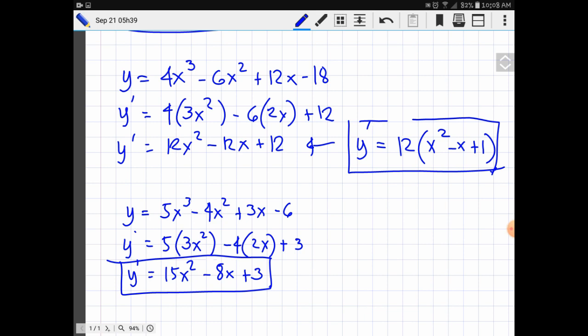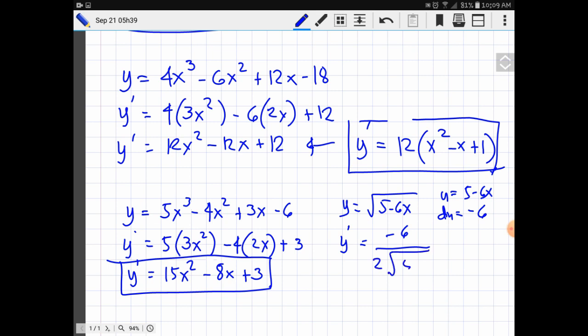And for the radical, if we have y is equals to the square root of 5 minus 6x, the derivative of u would be negative 6. So y prime is equals to negative 6 all over 2 times the square root of u, which is 5 minus 6x. Or simply that is equals to negative 3 over square root of 5 minus 6x.